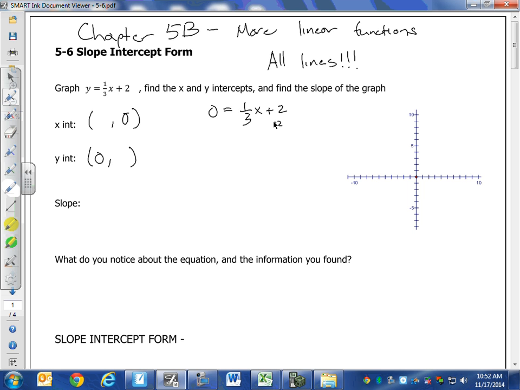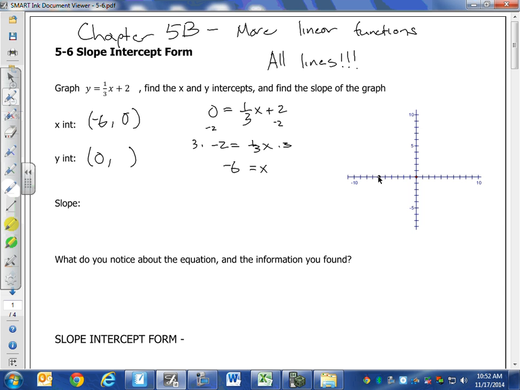I have to subtract 2. You get negative 2 equals 1/3 x. Then to solve for x, I multiply by 3. I get x equals negative 6, which I can plot: 1, 2, 3, 4, 5, 6.